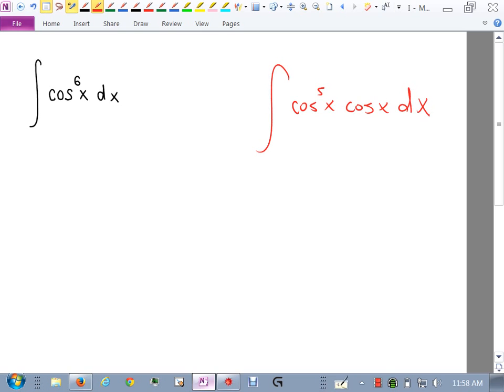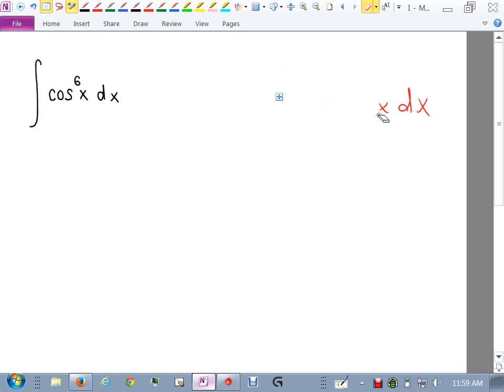What can't we do? We have a 5, right? I eventually would want to get that to a cosine squared, but I couldn't, because it's cosine to the 5th. There's no way I could get to the 5th power from squared. Like when it was 4, I could go squared, squared. If that was cosine to the 4th, that's cosine squared, squared. Understand? Because it's 5, I cannot do that.